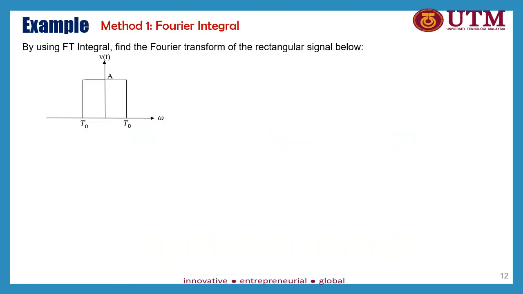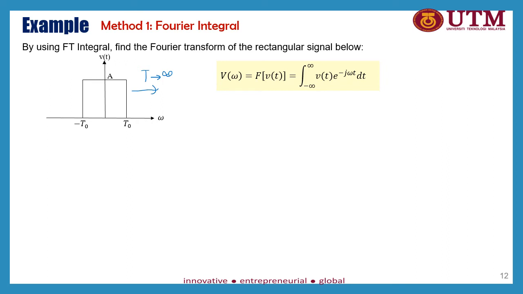Okay, let's look at the same shape of signal, a rectangular signal. How to get the Fourier transform of this rectangular signal when T is not known, so when T is assumed to approach infinity. Okay, so by using the first method, the Fourier integral, you need to perform the integration.